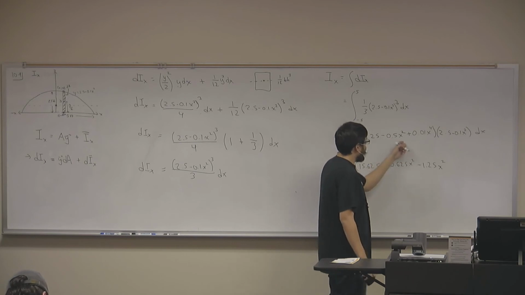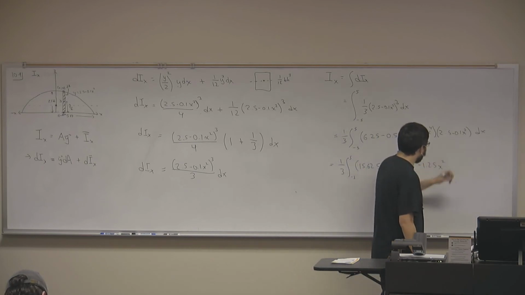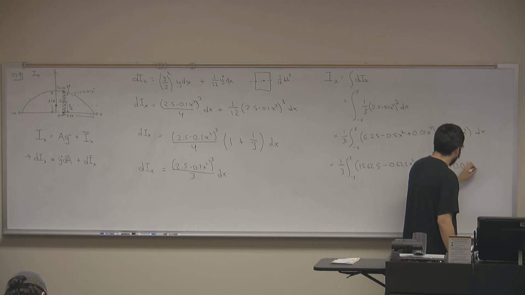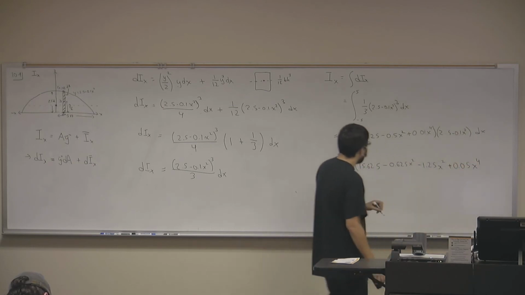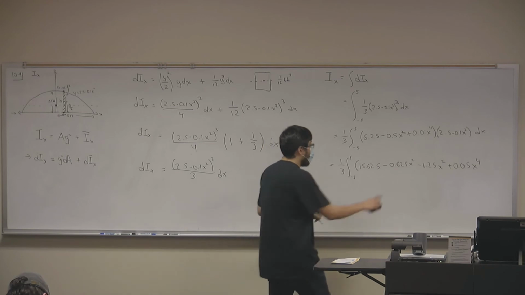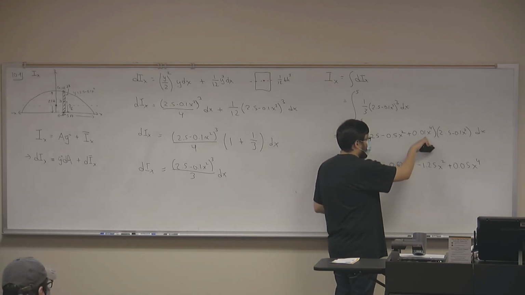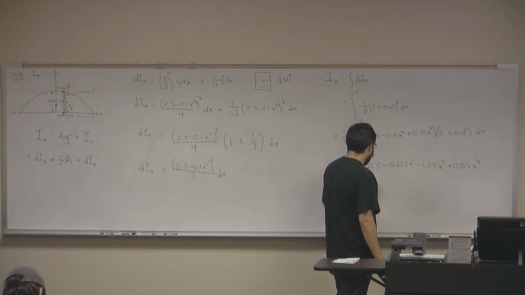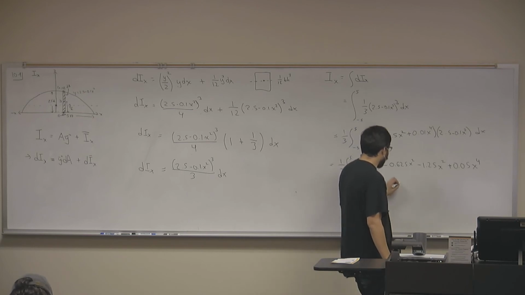Negative 0.5x squared times negative 0.1x squared is positive 0.05x to the power of 4. 0.01x to the power of 4 times 2.5 is 0.025 times x to the power of 4.